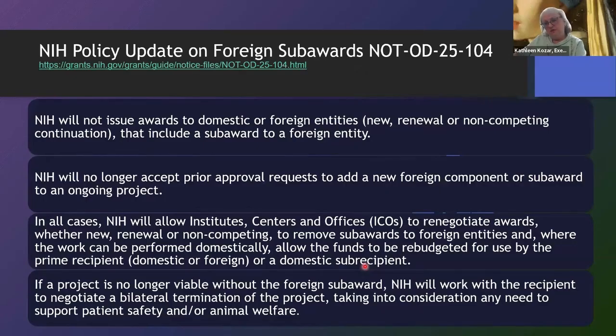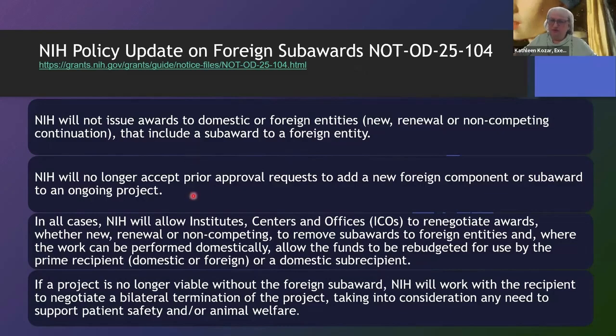And I wanted to mention again the NIH policy update on foreign subawards that just came out. So the policy says that NIH will not issue subawards to US or foreign entities that include a subaward to a foreign entity.